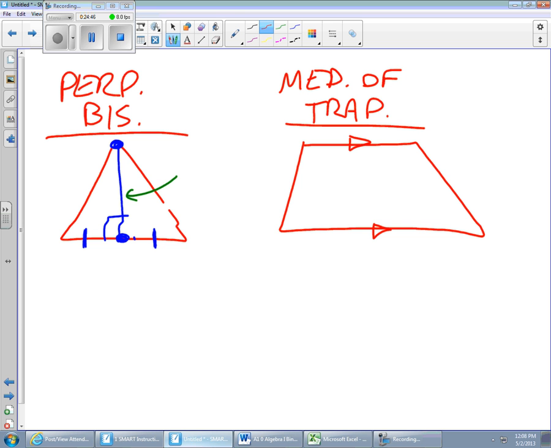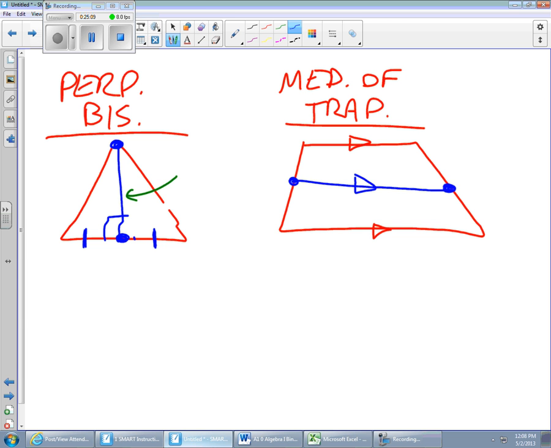So there is a trapezoid. Now, in order to be a median of a trapezoid, it is basically going to be a line segment that is positioned in here across the trapezoid, running parallel to the two bases that we have.